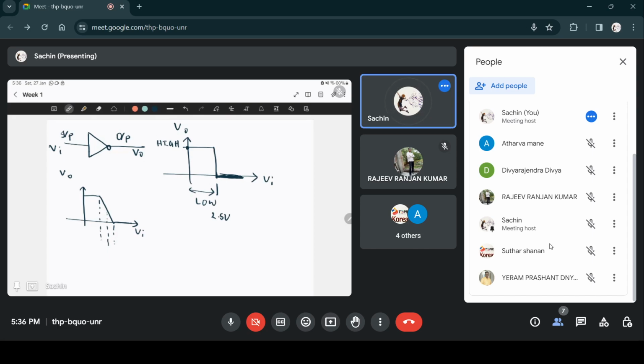Let's say this is your 2.5 volts midpoint, this is 2.6 volts, and this is 2.4 volts. Right at 2.4 volts itself, your output will start going lower and lower. So in this portion, there's an ambiguity. The circuit can't tell whether it's a low or high.